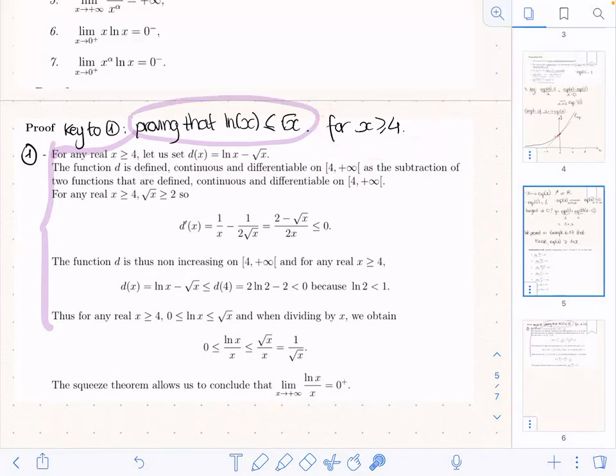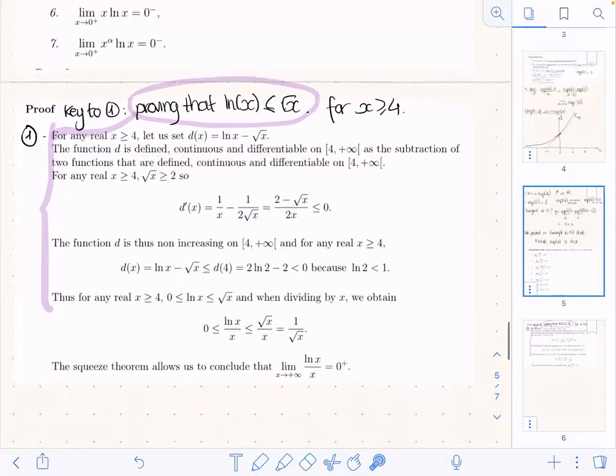And so as it's defined, continuous and differentiable, we can take x greater than 4, and noting in particular that the square root of x is greater than 2, we compute the derivative. The derivative of the logarithm is 1 over x, and the derivative of square root of x is 1 over 2 square root of x.